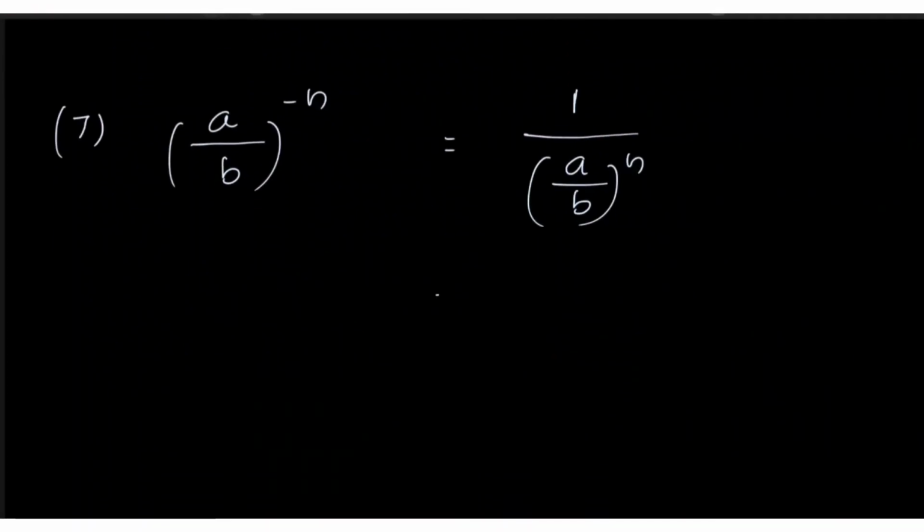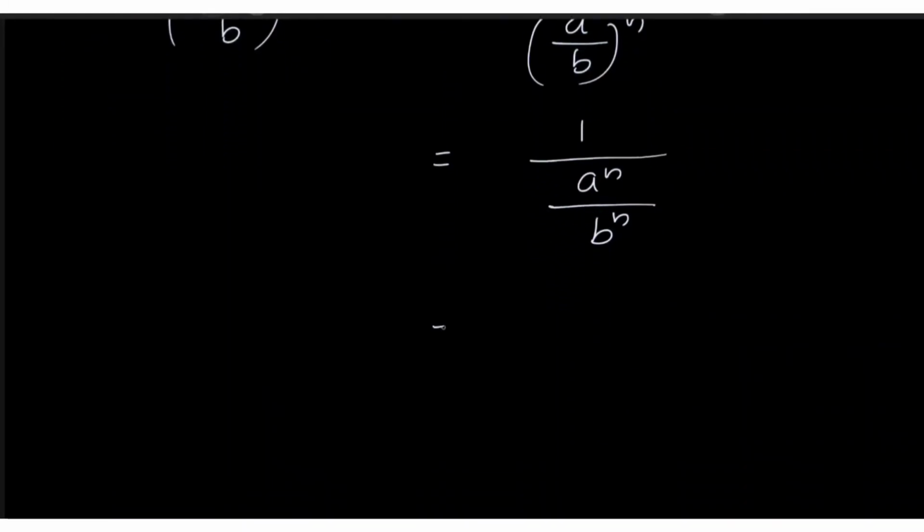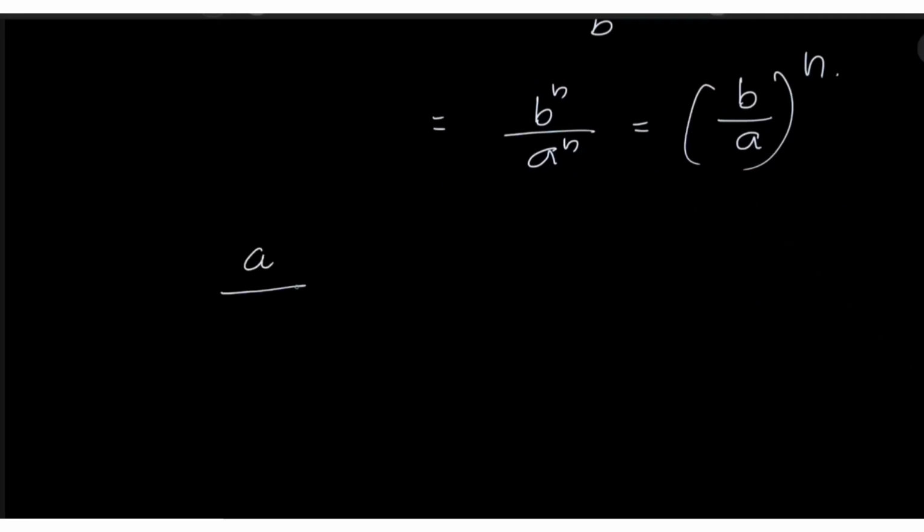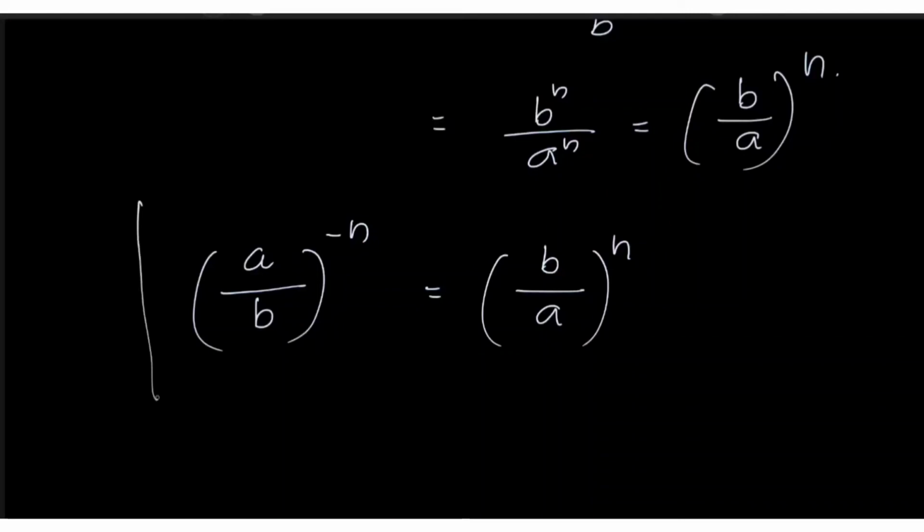So we can write like this: it is equal to 1 by a raised to n by b raised to n, and it is equal to, that is, 1 by a fraction is just its reciprocal, b raised to n by a raised to n, or it is equal to b by a raised to n. So in the same way, a negative exponent of a fraction is the same positive exponent of its reciprocal. That is the seventh law.